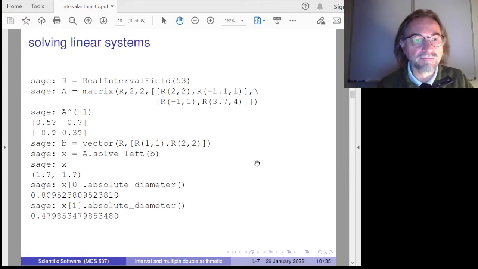Okay, this also applies to solving linear systems. So here is an example. If you have coefficients with very limited precision, so here I'm giving a matrix defined by intervals. So it's a 2 by 2 matrix.